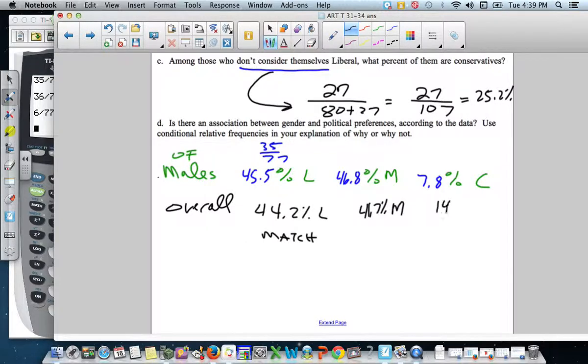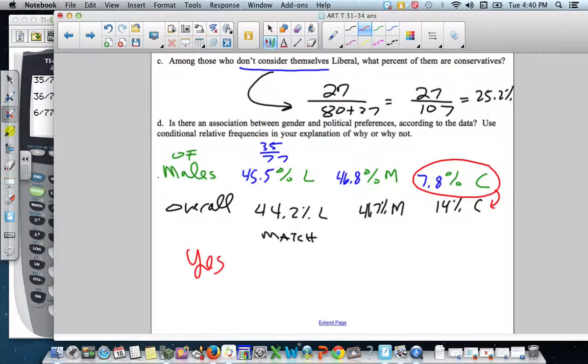This one is 14%. So if these all matched, I'd say there's no association. But what's happening here is that the males are a lot lower overall in the conservative, and they're a lot higher in the moderate and liberal, a lot more higher in the moderate. So I would say, yes, there is an association.